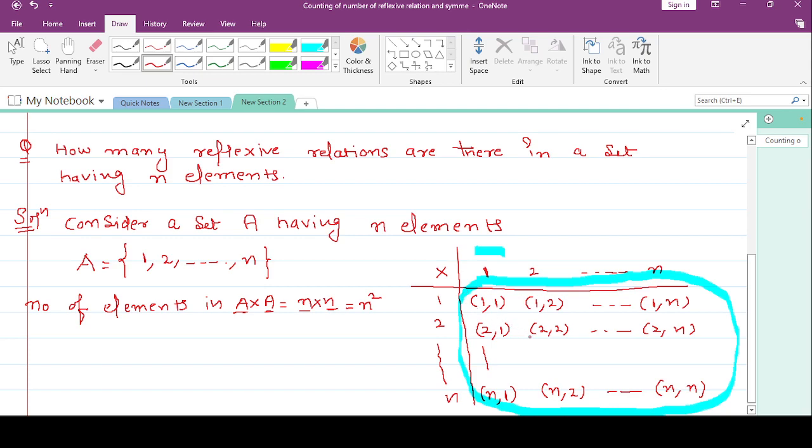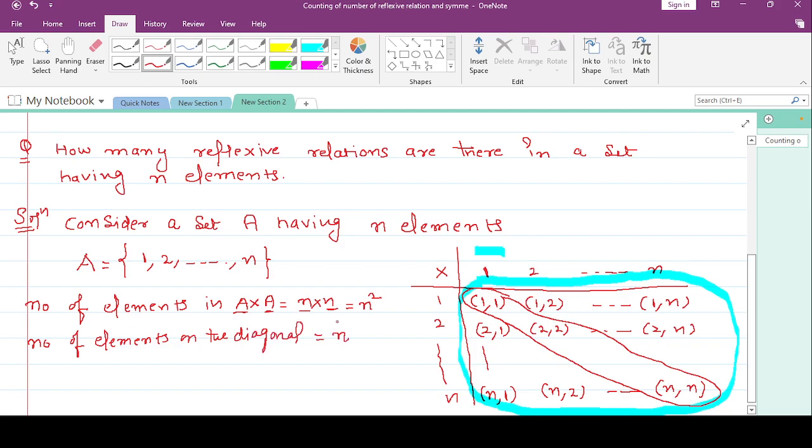The number of elements on the diagonal: these are n elements.